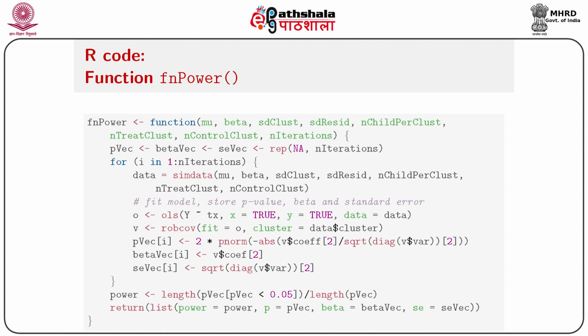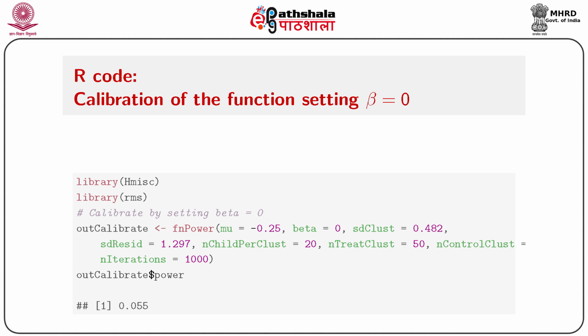That means the number of p values less than 0.05 divided by the total number of iterations. So the returned value would be power equals power, p equals p vector, beta equals beta vector, and standard error equals the standard error vector. So this is one list it will generate.